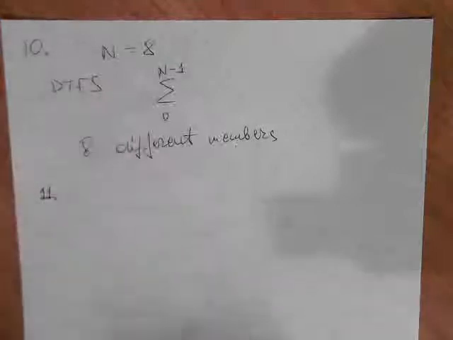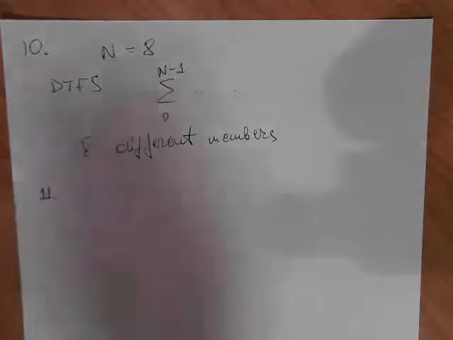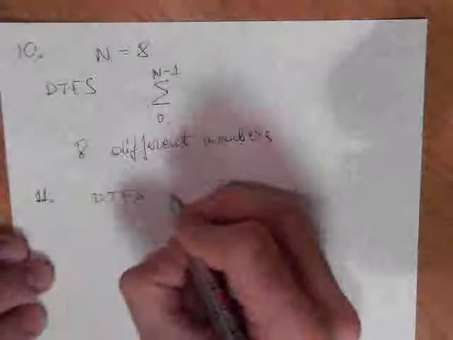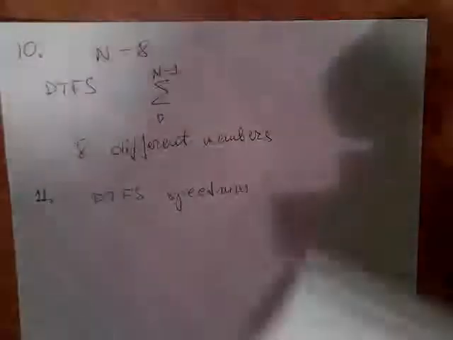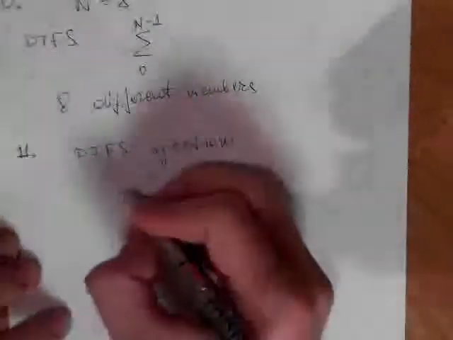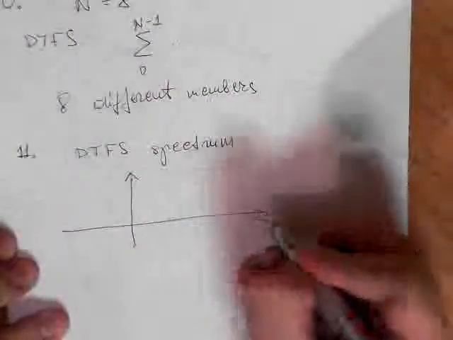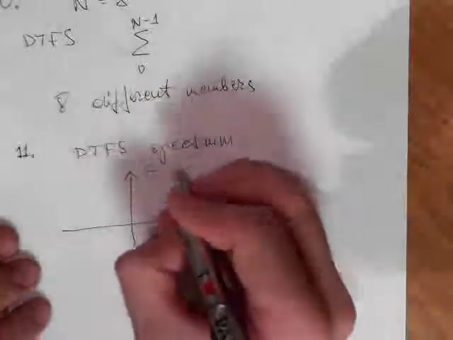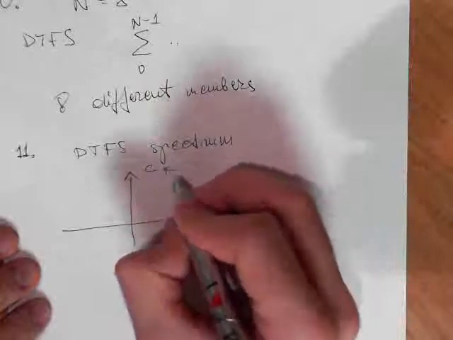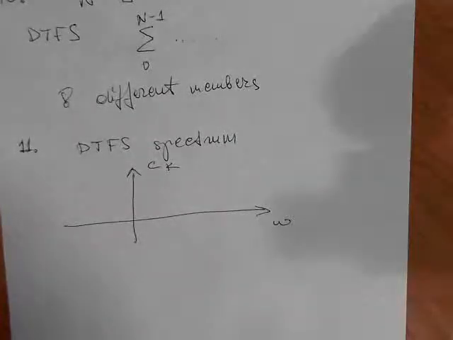Again, 11. What is the spectrum of the TFS? Basically, if you see a figure that looks like this, omega is here, and C_k here.